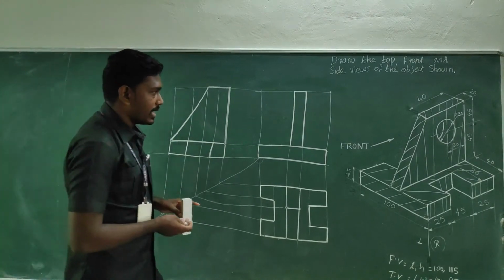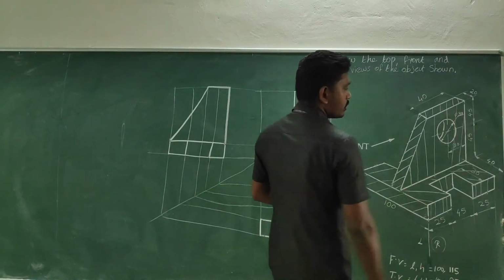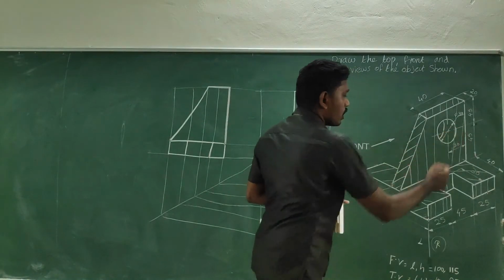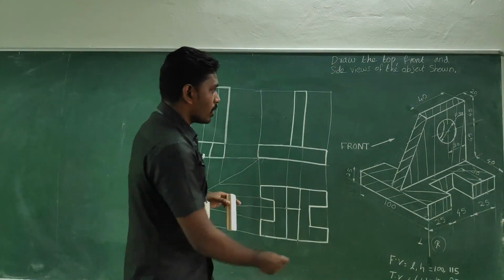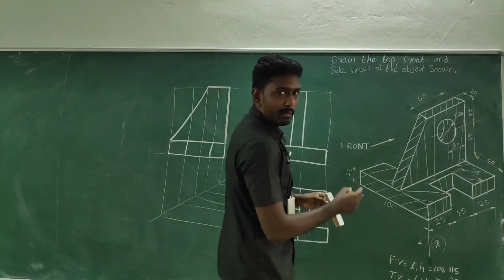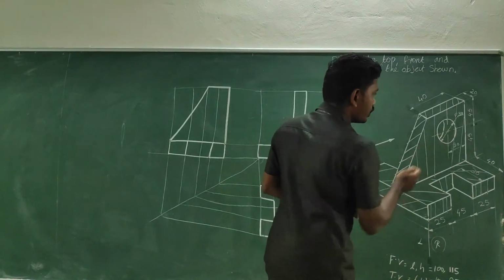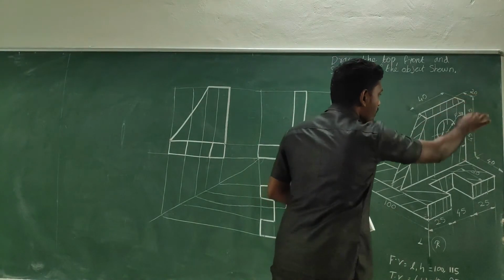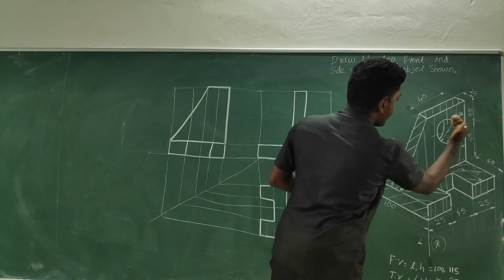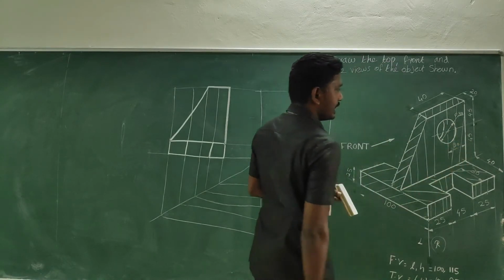So one more thing is that there is a hole. So we must show the hole. In this side view, this hole can be captured. So what about the dimensions of this hole, which is given as 30 mm diameter, right? And what about the position? See, from the top it is 45 mm, and from the right extreme it is 30, right?